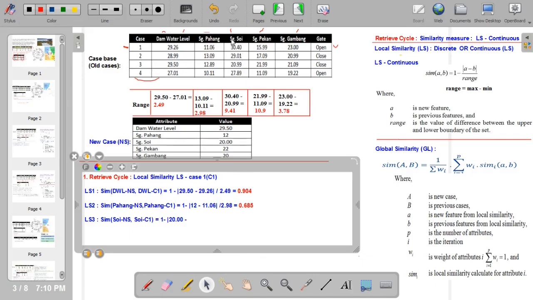What is the value in case 1? This is case 1, right? So it will be 13.14, right? And divided by the range value for attribute 3, which is Soy, right? This is the Soy attribute, which is the range when we calculate, 9.41.